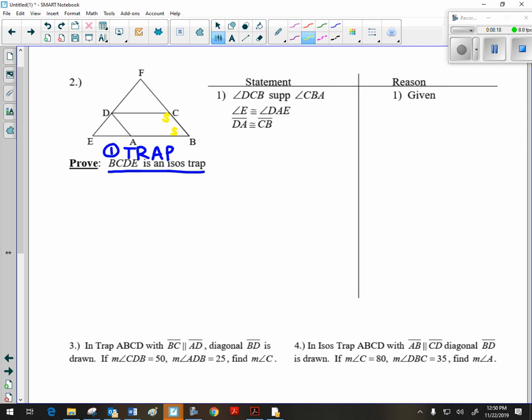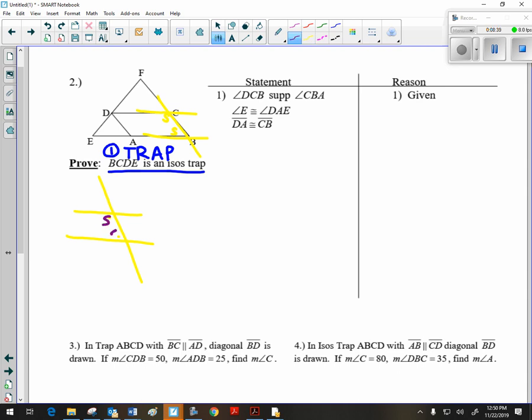Back in the unit on parallel lines, we talked about what happens when these angles, which is sort of what I have right here, are supplementary. Those angles that you see there can be called one of two different things.